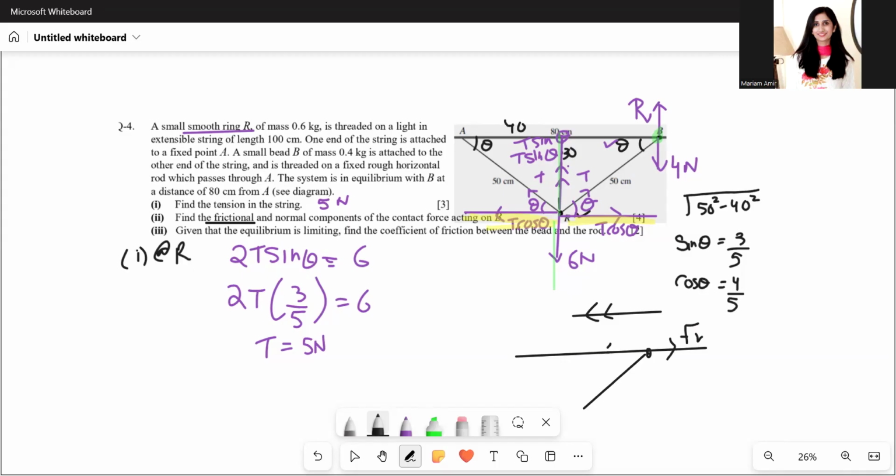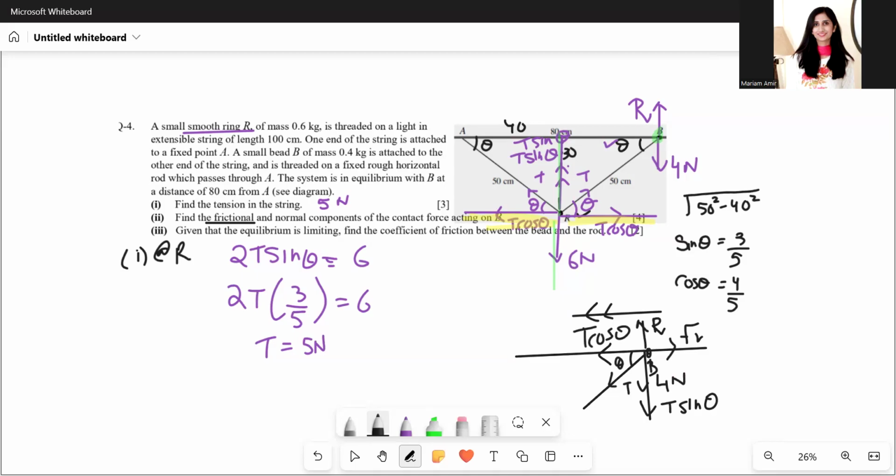We have a component of tension in this direction. Okay, so this is from B's perspective. Tension will be in this direction. So this is theta. So this would be T cos theta, and this would be T sine theta. Also, there's a 4 Newton weight in this direction, and there's a normal contact force R in this direction.